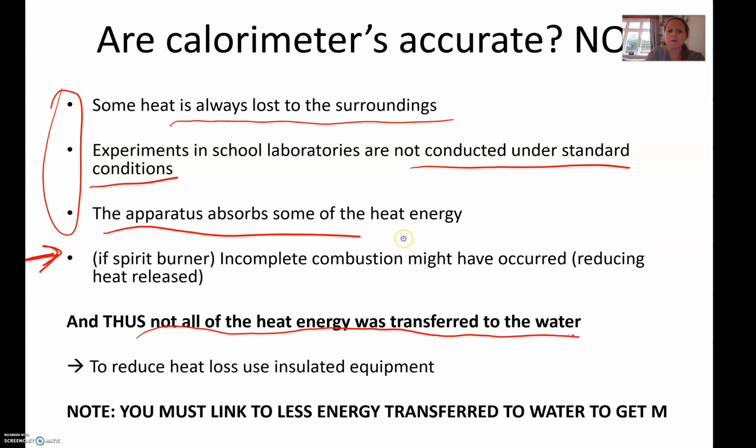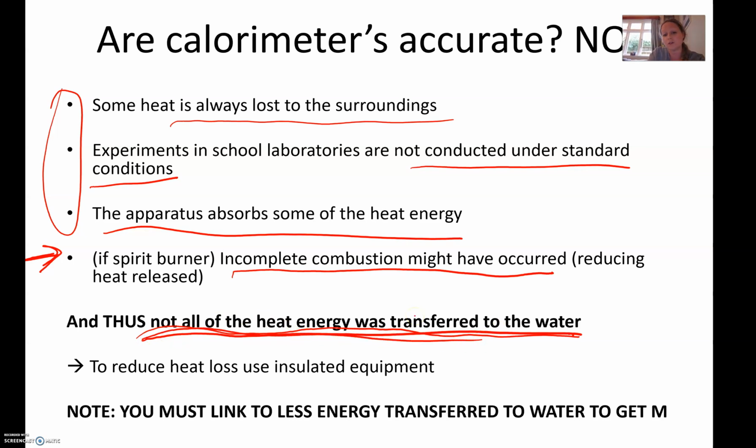Another one is that the apparatus might have absorbed some of the heat energy, so the glass of the beaker, if you were doing the spirit burner one, or the walls of the insulated container, and therefore not all of the heat energy was transferred to the water. The last one here is if you're doing the spirit burner type 1, incomplete combustion might have occurred. And if incomplete combustion occurs, not as much heat energy is being released in the first place, and therefore not all of the heat energy was transferred to the water.